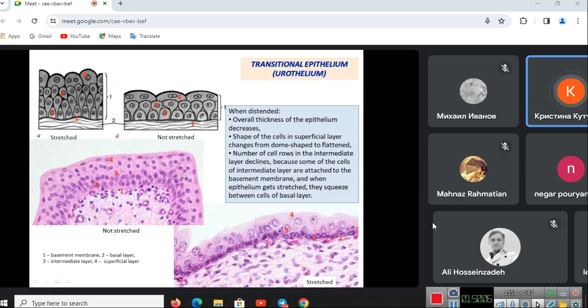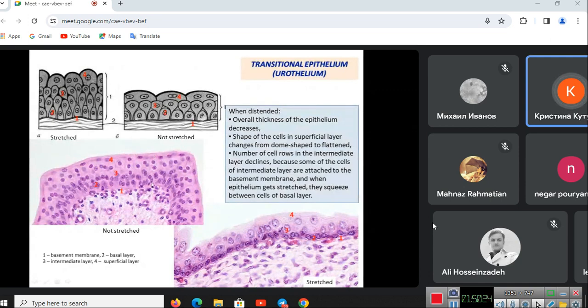So in non-stretched condition, epithelium looks like here. 1, 2, 3, 4, or 5 rows of cell nuclei are seen here, but only 1, 2, 3 rows of cell nuclei in stretched condition.